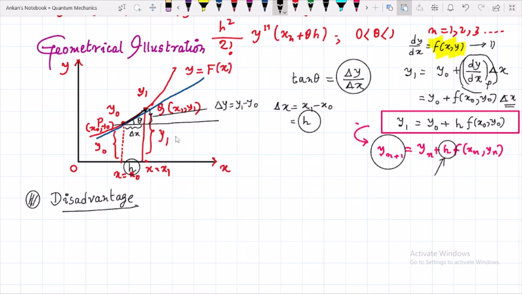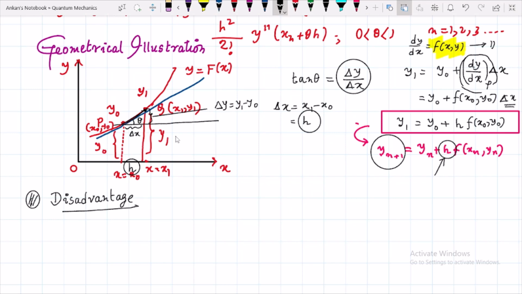The second point is that if h is very small, then you can see by picking up an example that the solution becomes very laborious or time consuming, and cannot be solved in a few seconds.